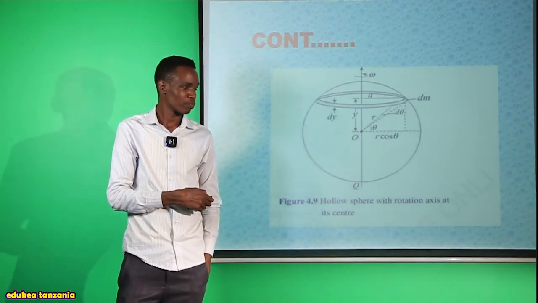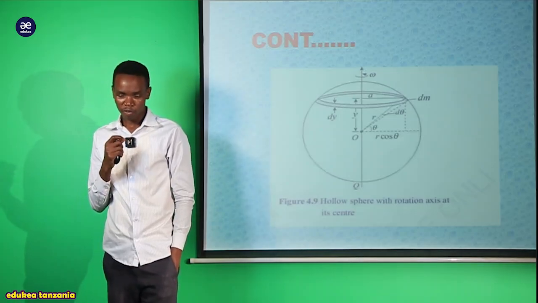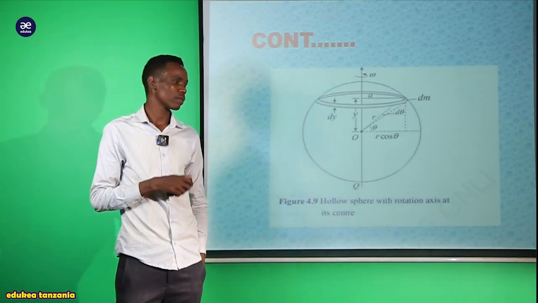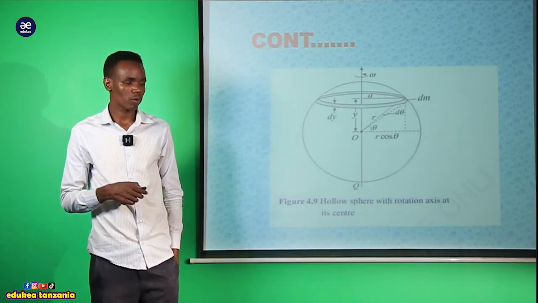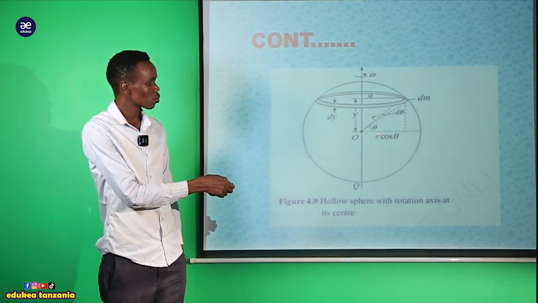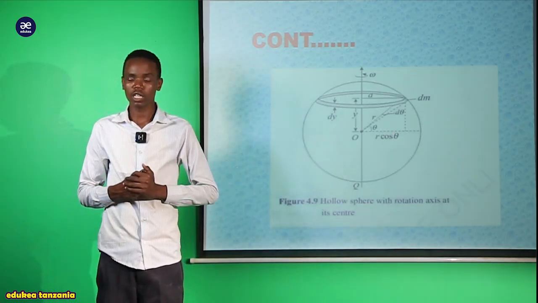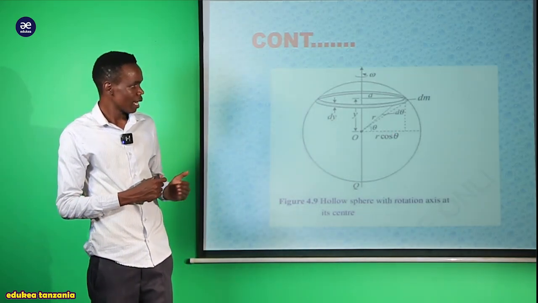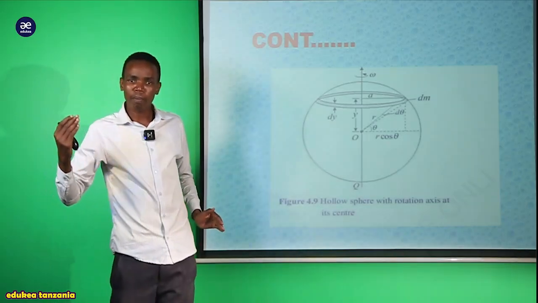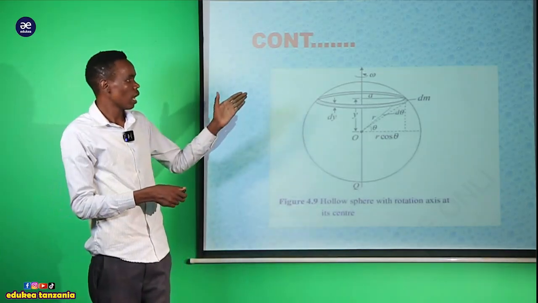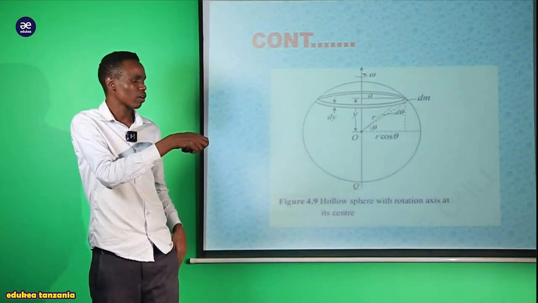If we cross multiply, we obtain that the adjacent must be equal to r cos theta. That is why, instead of writing adjacent, I write r cosine theta.